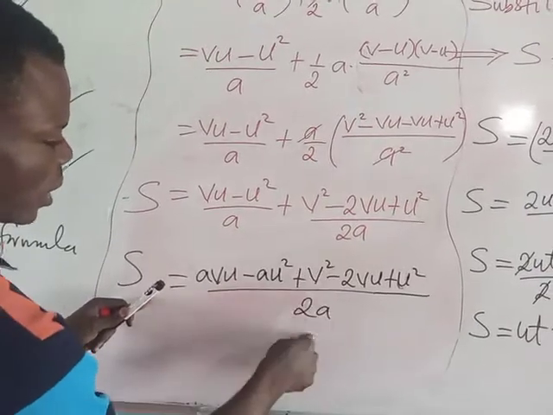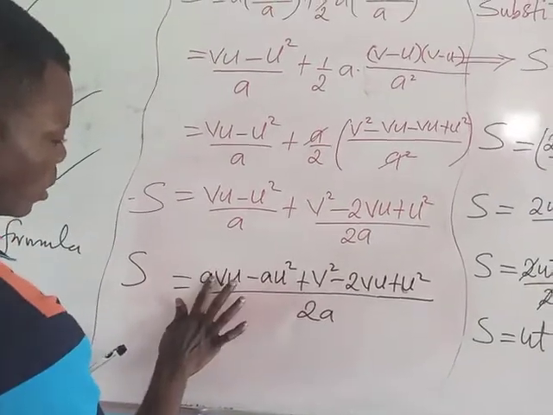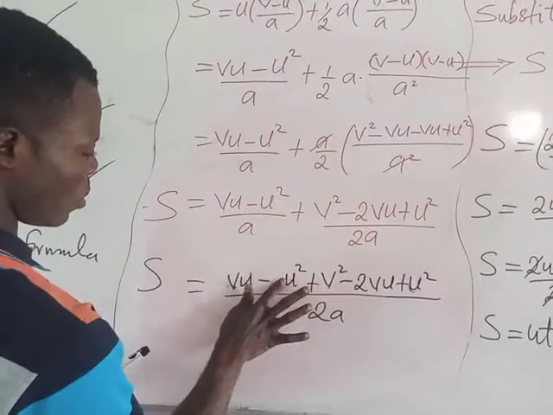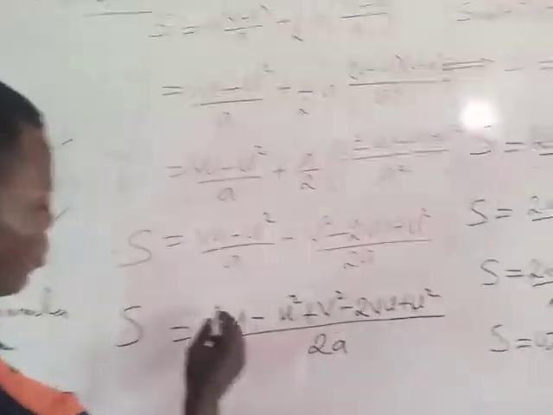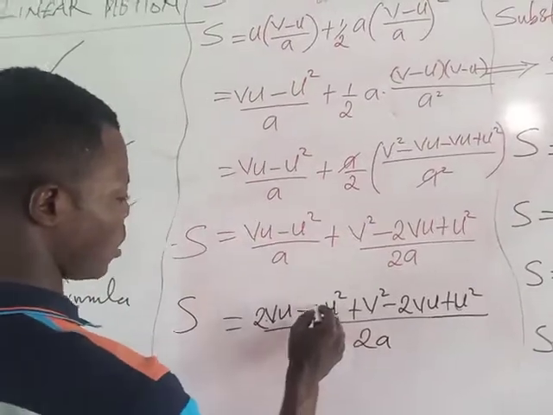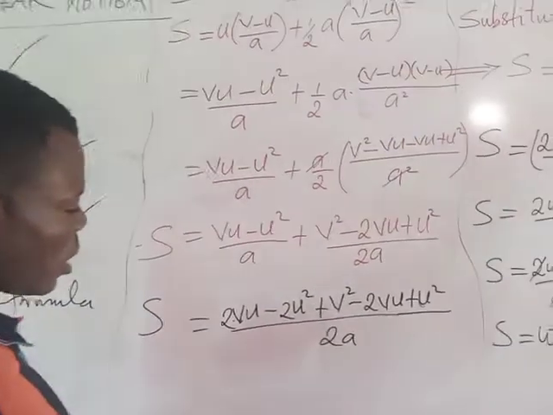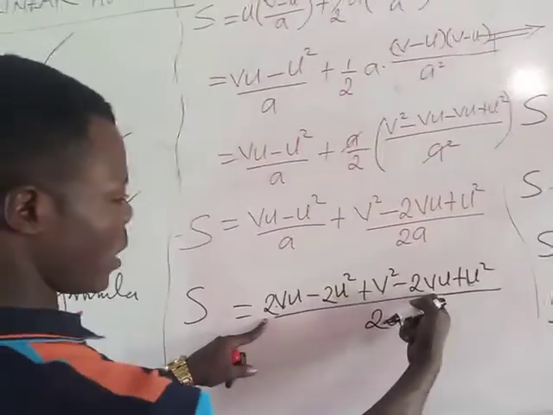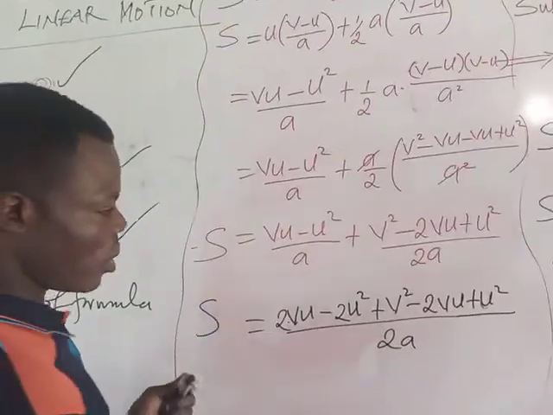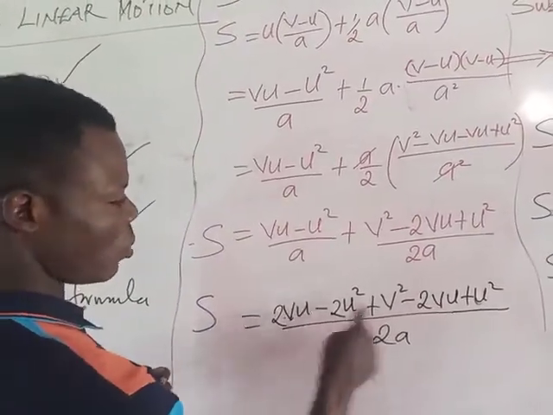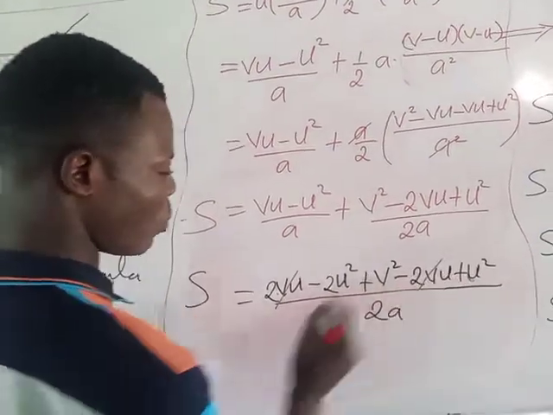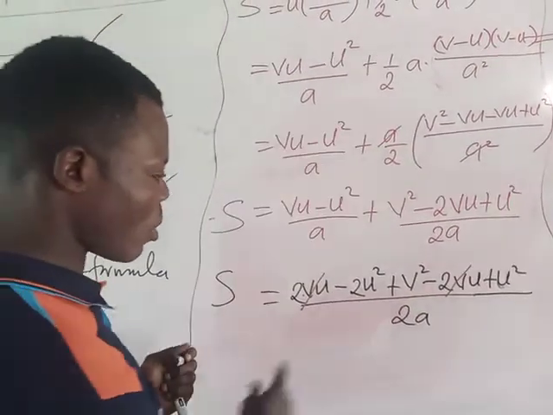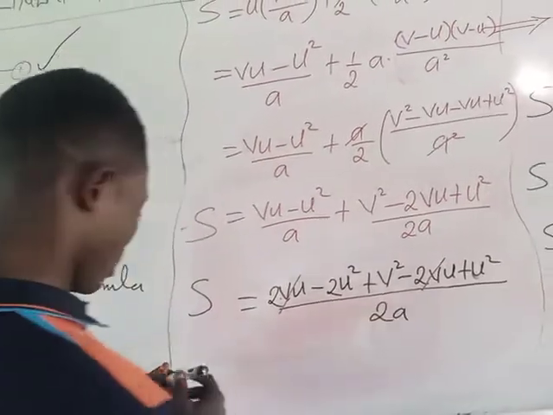So a goes in 2a will give you 2. So this should be 2 and this is 2. So this and this, they are like terms. 2vu and minus 2vu will take care of each other. This will cancel and I will have this and this.